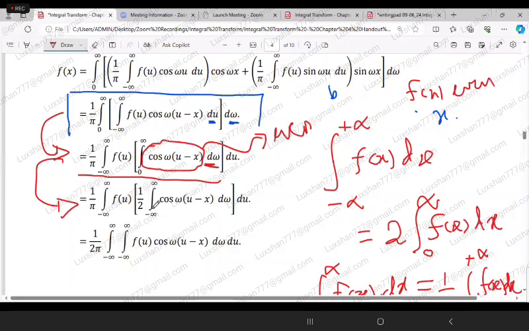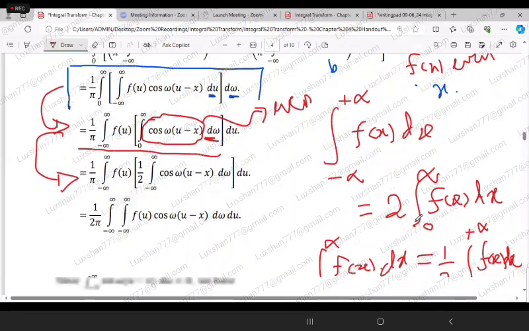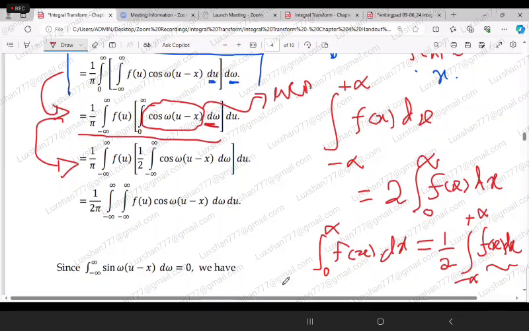Do you understand how this came from the previous one? Since f(x) is an even function, you can change the limit of the integration to minus infinity to plus infinity. Because of that, you have to put half.